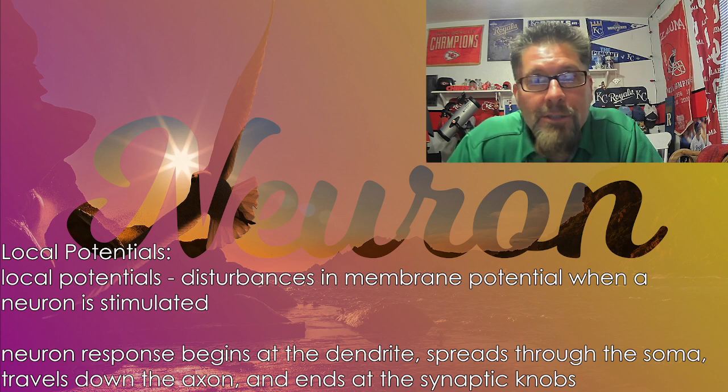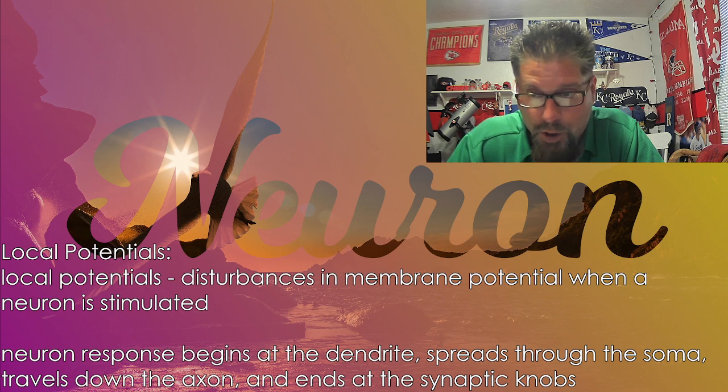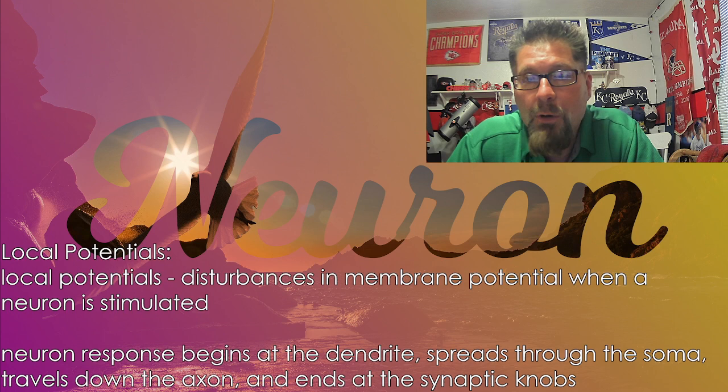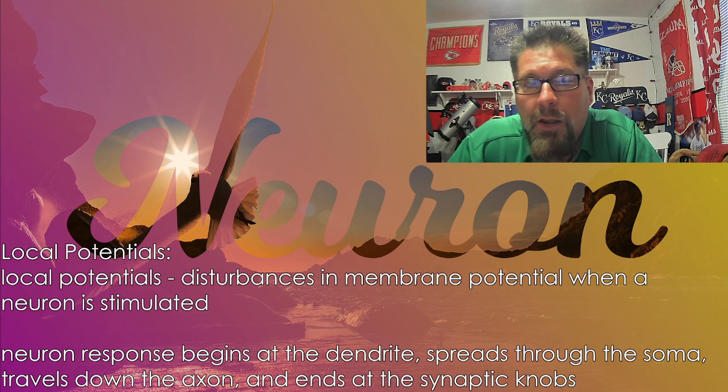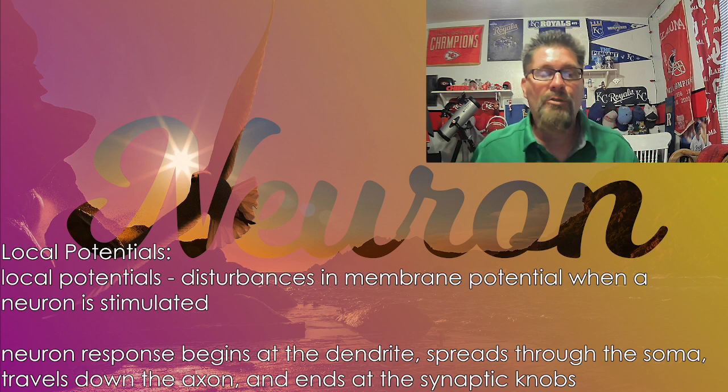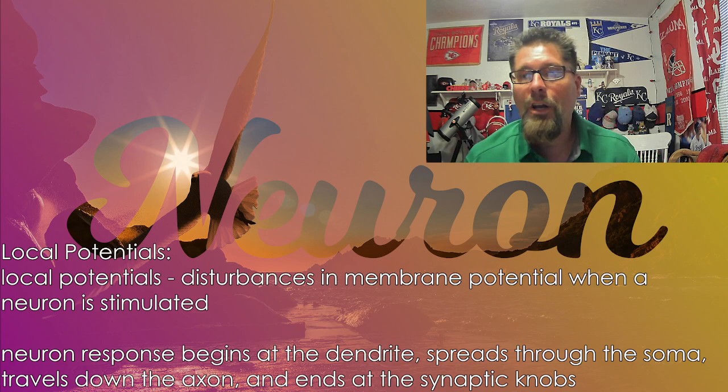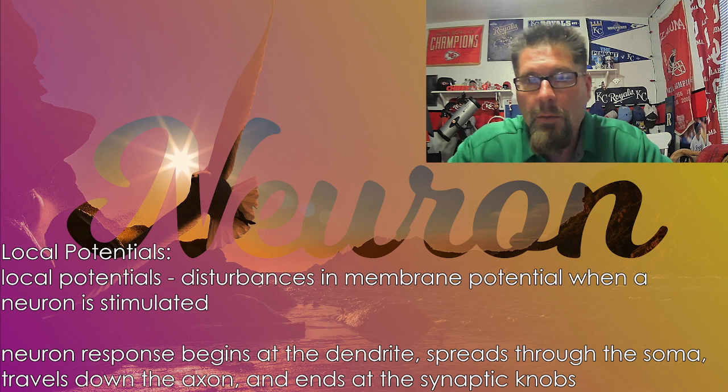When it hits the soma, that's when the local potential begins, and then that moves down the soma to the trigger zone, which is at the bottom of the soma if you're looking at it upright, and that's when it generates the action potential. And it's the action potential that moves down the axon to the next neuron.